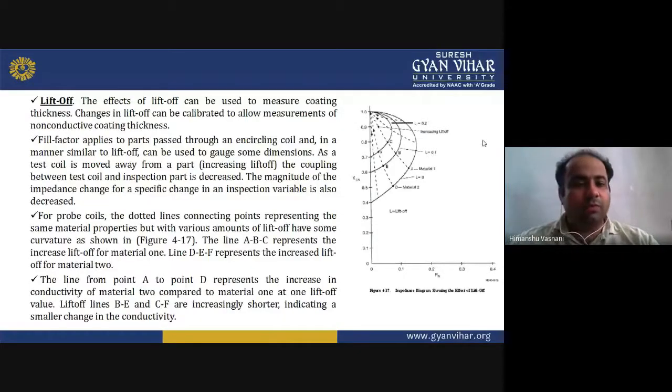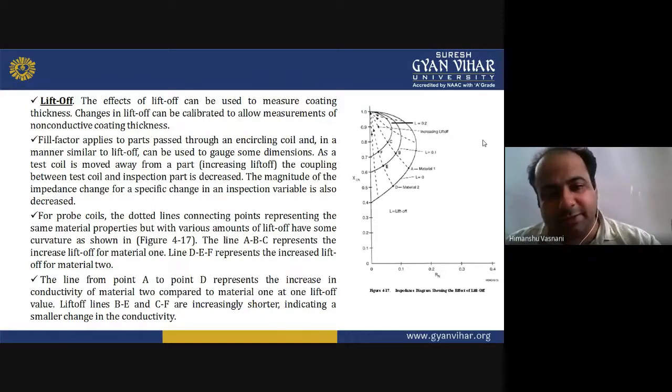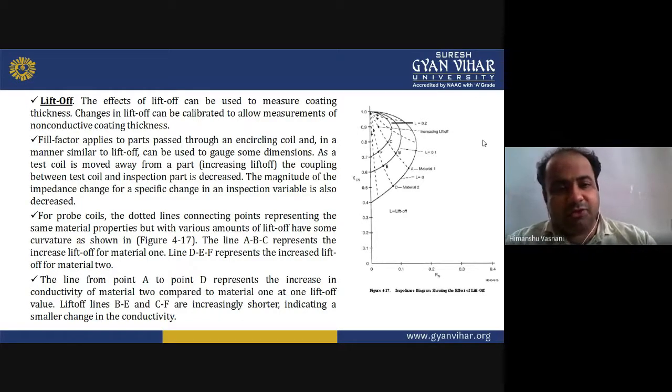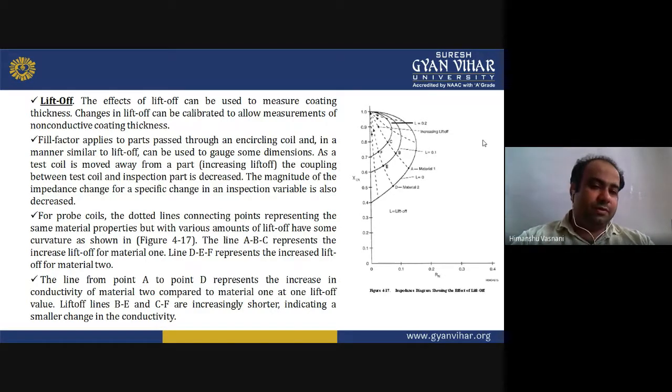Now we're talking about the fill factor. As the test coil is moved away from the part, increasing lift-off, the coupling between the test coil and the inspection part decreases. What happens? The coupling between the test coil and the inspection part is decreased, and the magnitude of the impedance change for a specific change in an inspection variable is also decreased.